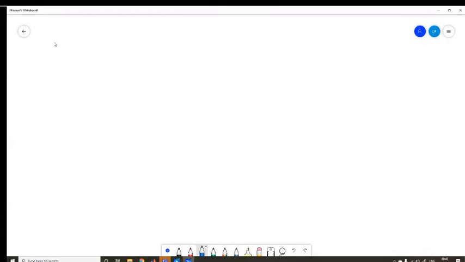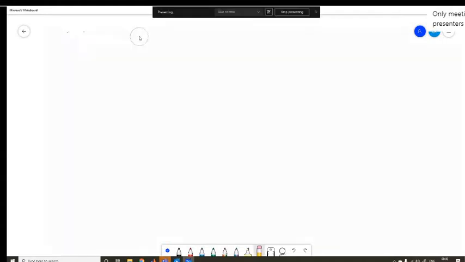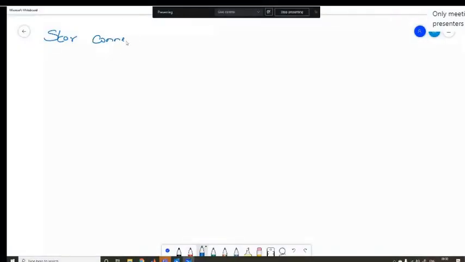Now let me introduce you to some of the terminologies that we will be frequently using in the star connection network. Star connection means, as I showed you in the video, one terminal of each winding is connected to a common point, and the remaining three terminals are connected to the circuit.